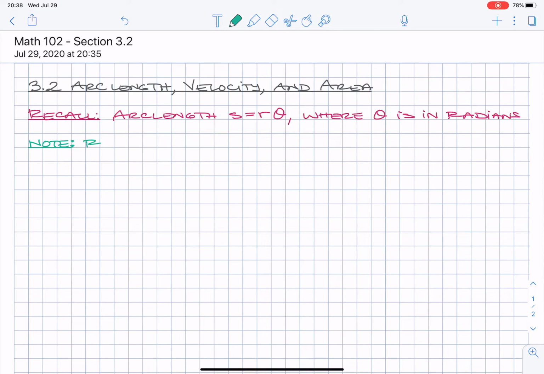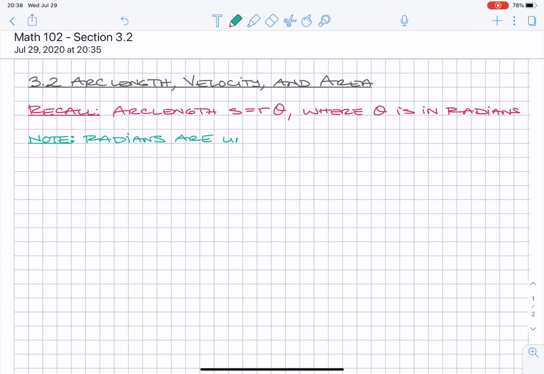So to that effect, radians are unitless, meaning they don't have that degree symbol or a foot symbol. They're just radians. So radians are unitless measures, which means we can use them for a lot of things. They are very convenient.